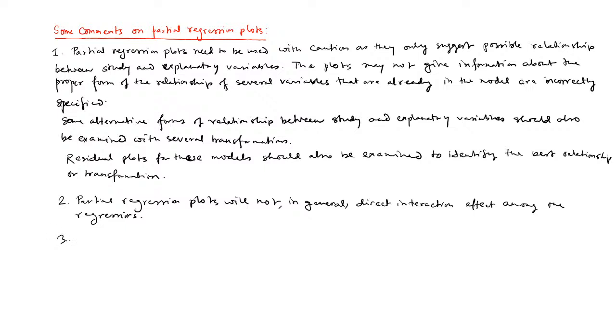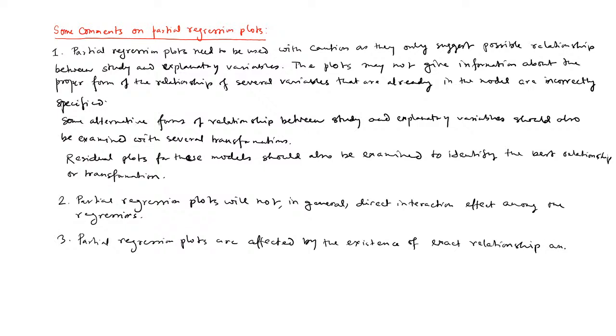Point number 3, partial regression plots are affected by the existence of an exact relationship among explanatory variables. This is the problem of multicollinearity.